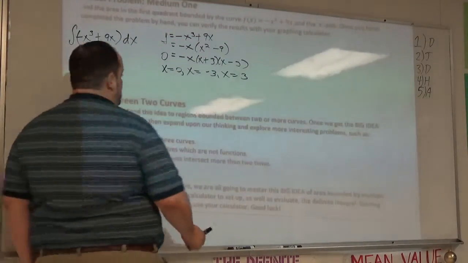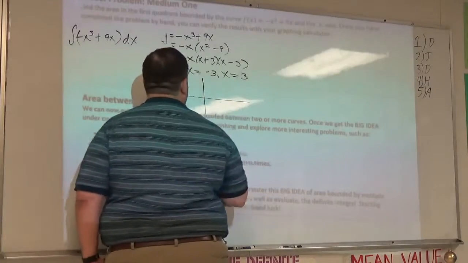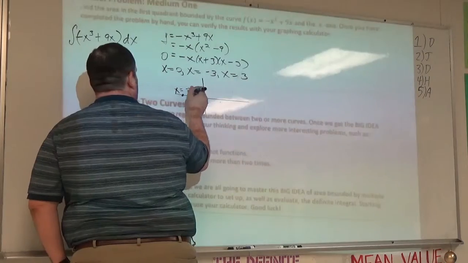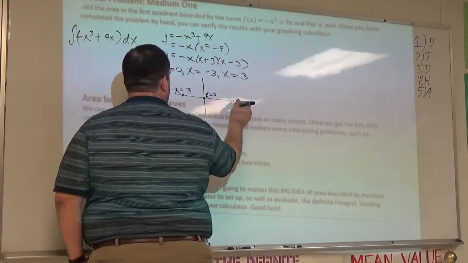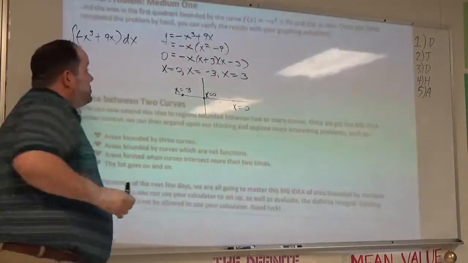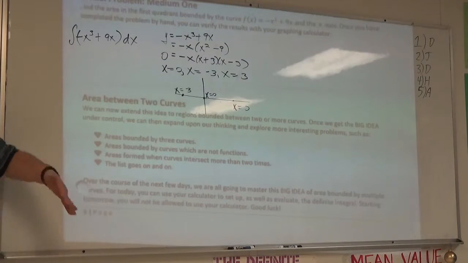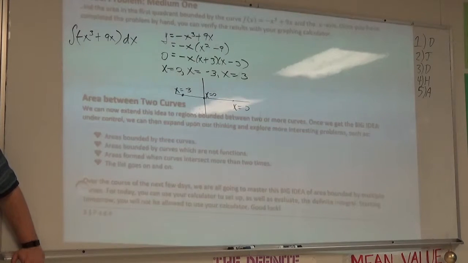Now that should give you a nice sketch. If you remember from pre-calc, you've got 3 roots, negative 3, 0, and 3, and a cubic polynomial, odd degree. The leading coefficient is negative. Remember, sometimes the polynomial bounced off the x-axis, sometimes it passed through.